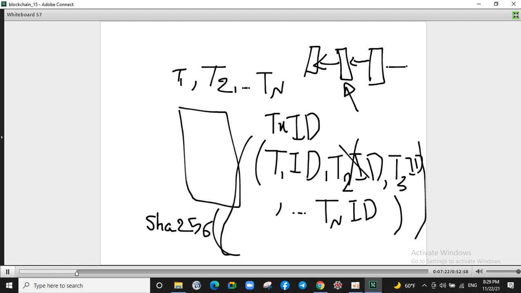If someone changes a transaction inside the block, the transaction ID will be changed. If one of these transaction IDs changed, all the hash will be changed. And if the hash changed, the address of the block will be changed and the chain will be dropped from here, will be disconnected. So using this approach, each blockchain prevents others from tampering transactions.